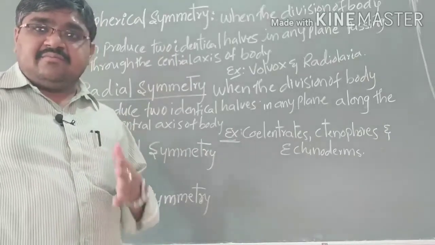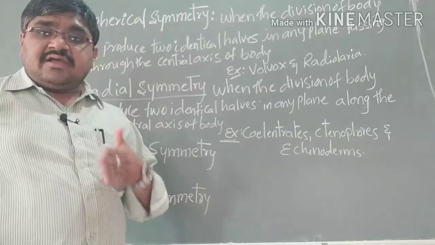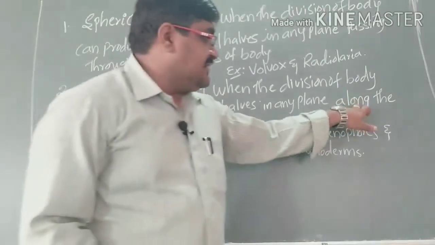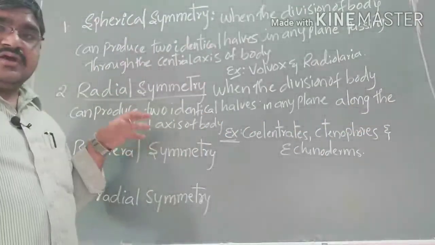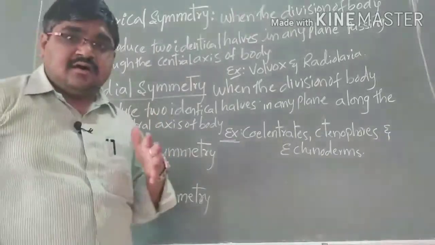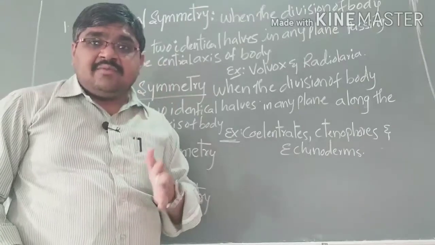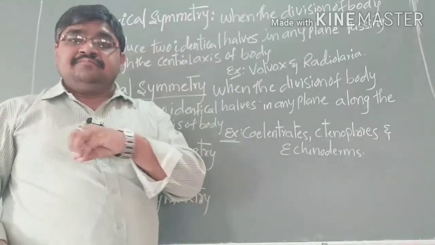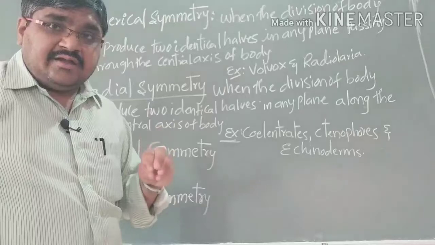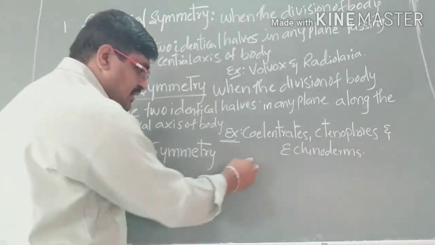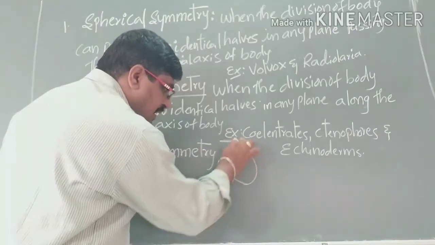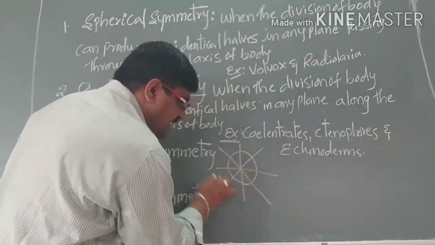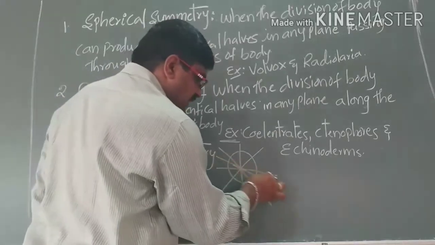That means when you cut the organism in any vertical plane along the central axis of the body, two identical halves are produced. For example, if this is an animal and you cut it in any vertical plane, we get two identical halves.